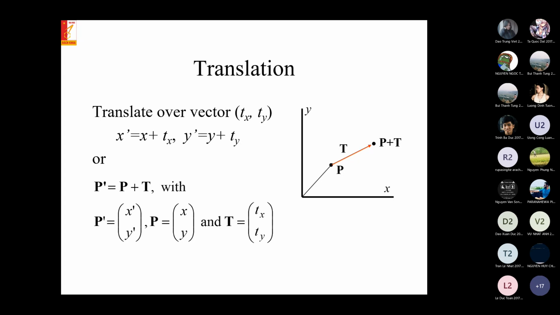in which the new and the old are two vectors. It's a column matrix. And in this situation, the T also has the same form.